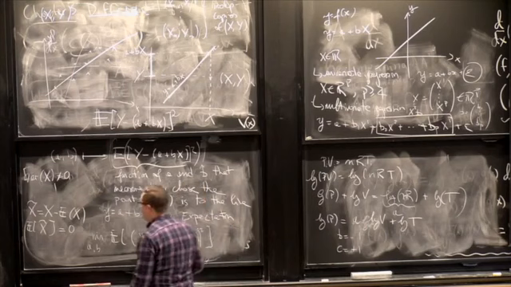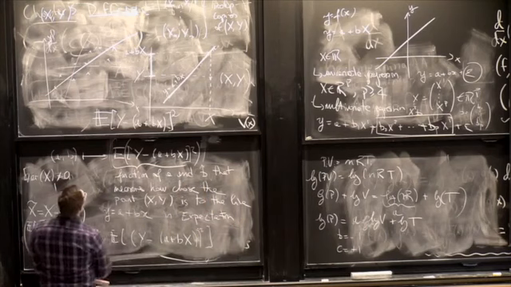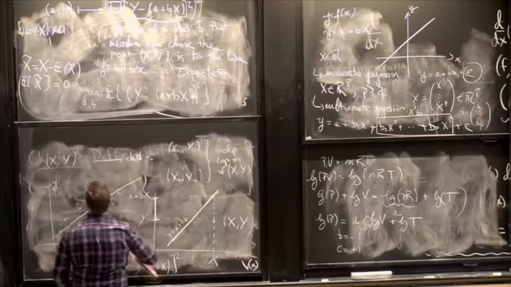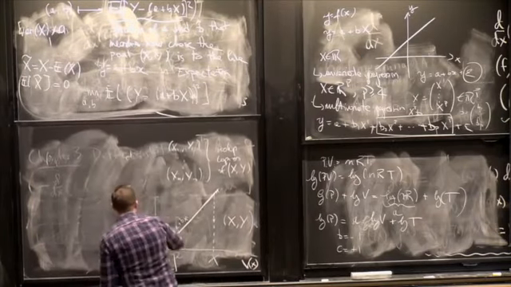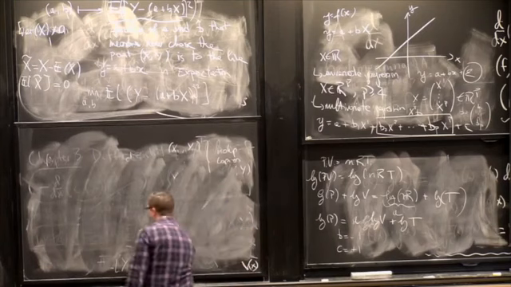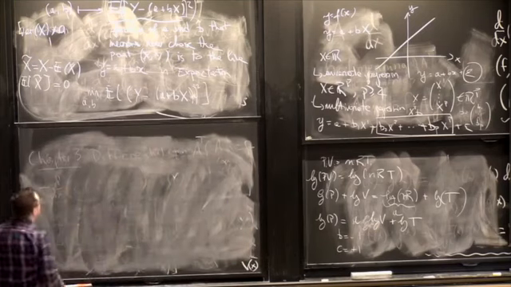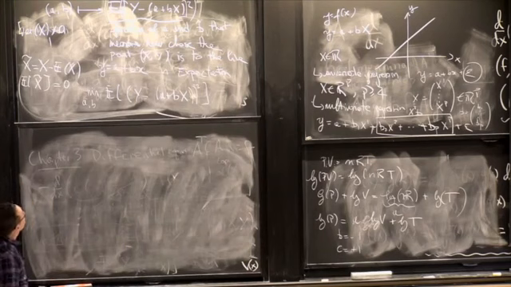OK? And so now I want to minimize over a and b the expectation of y minus a plus bx, squared. The way I'm going to do this is by turning x into x tilde and putting the extra expectation of x into the a.